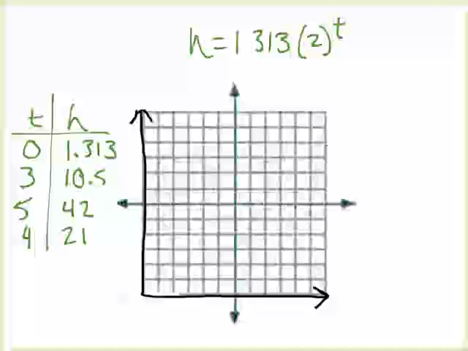Time is always your x-axis, and we'll just count that by ones. If I have to go all the way up to 42, counting by ones does not seem like a good idea, so I'll maybe count by 4 there on my y-axis. And it's okay to count by different things. So then I plot the points, remembering my scaling.